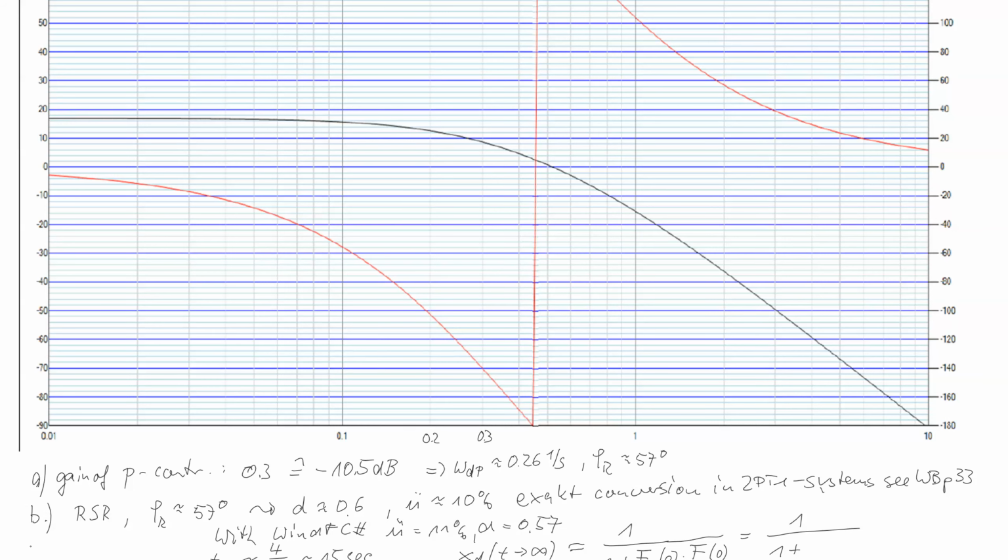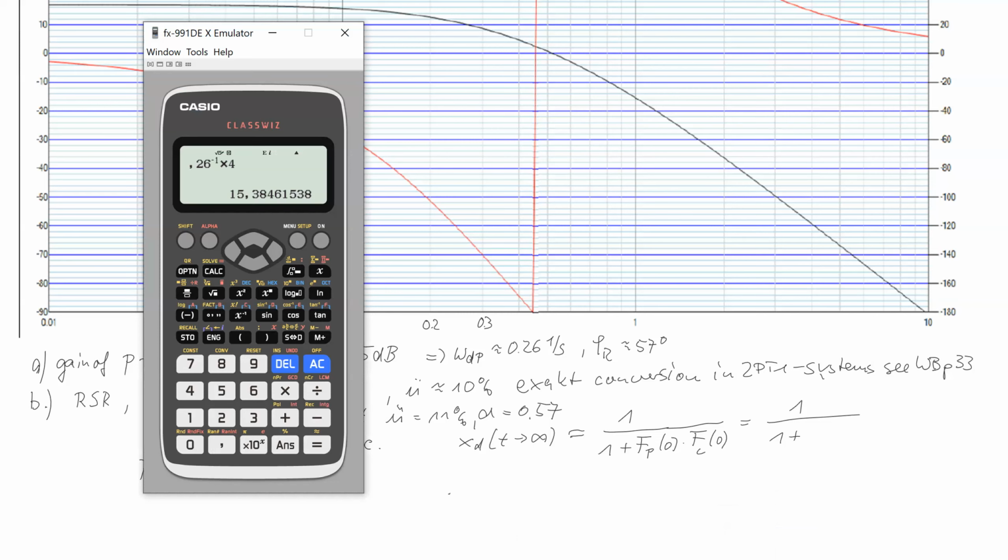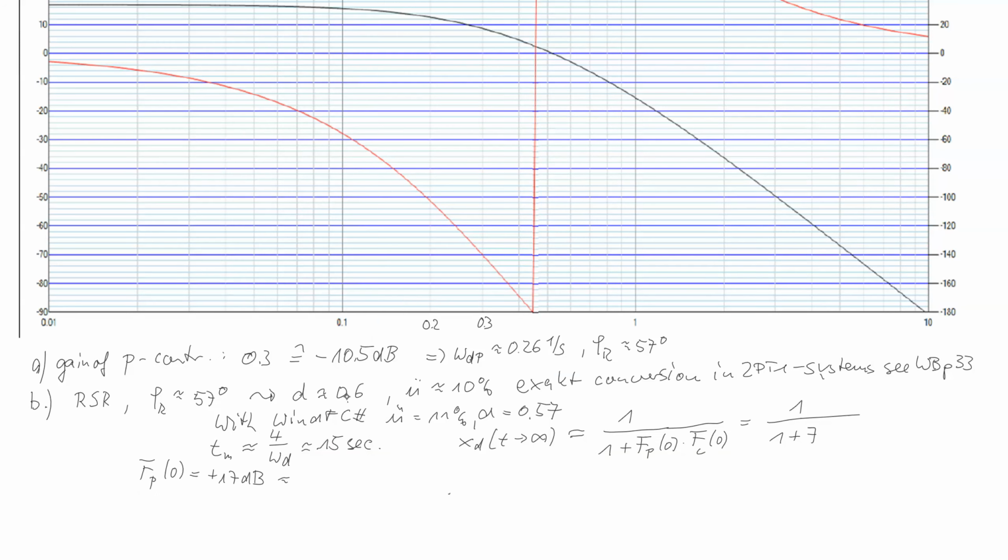This is 17 dB. This has to be converted into a factor. So we go to our calculator: 10 to the power of 17 divided by 20. This gives 7.07, so this is 7, multiplied with our controller gain, which is given as 0.3.